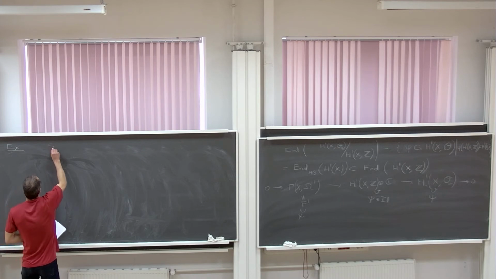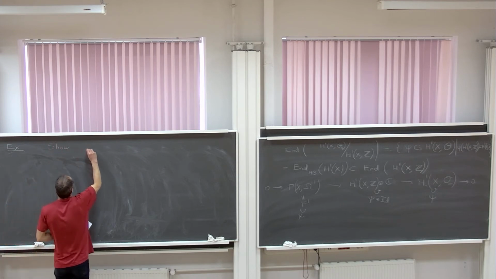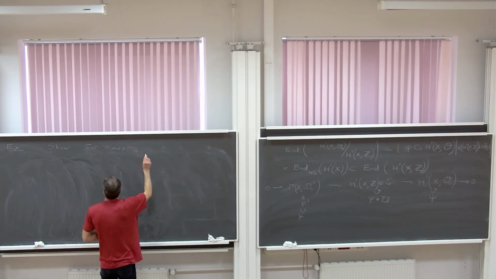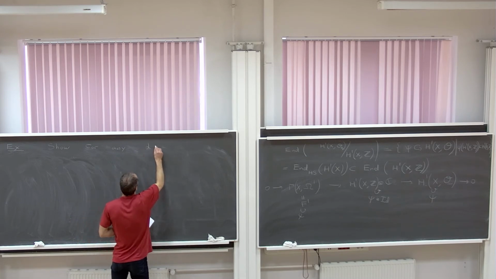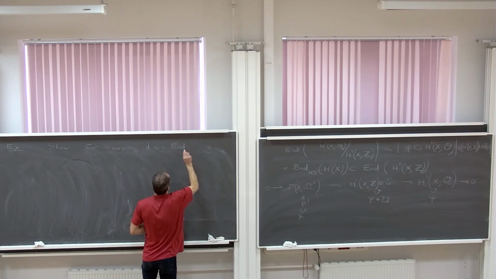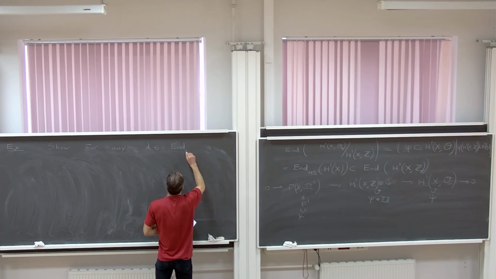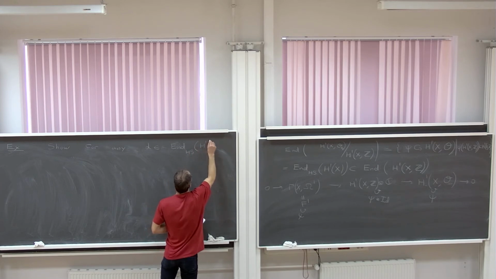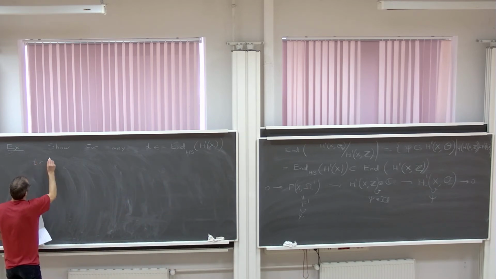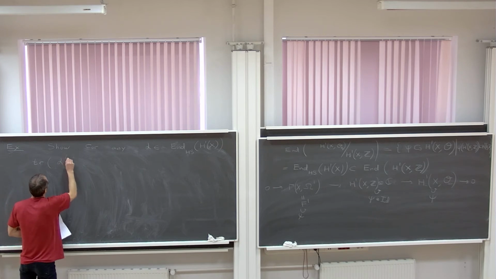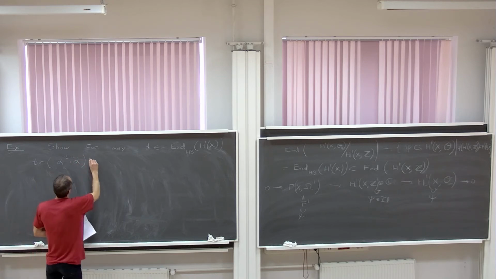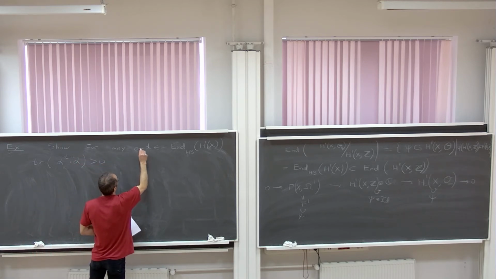So for any alpha, an endomorphism in the category of Hodge structures of H1 of X, the trace is greater than 0. Well, provided that alpha is not 0.